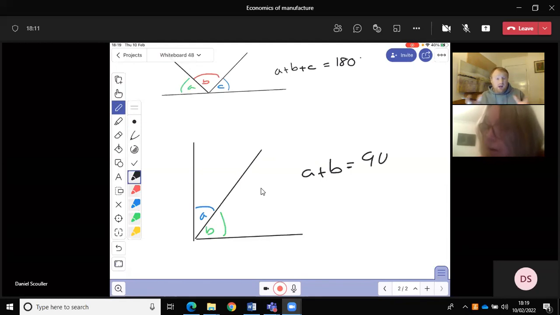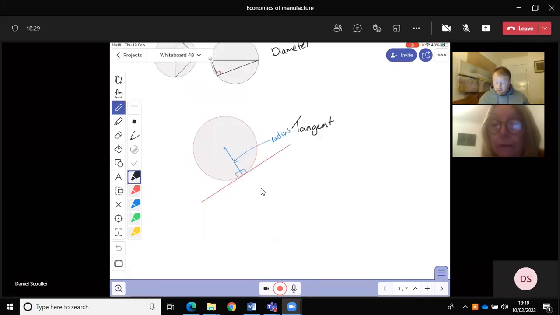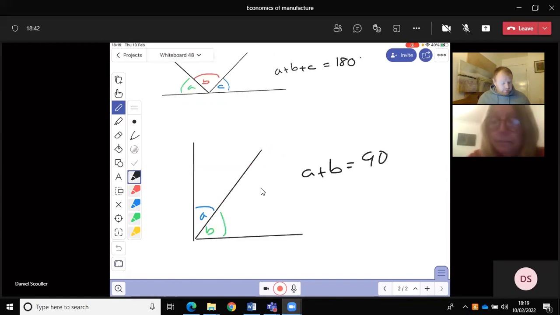Again, we can add as many lines in as we want, we could have 3 angles, 4 angles, but if there's 2 lines that make up a 90-degree angle, all those angles are obviously going to come from that. So that's a pretty good one considering what we've just been looking at, when we construct triangles or lines that create 90-degree angles, so you can start seeing where you're starting to pull this in.